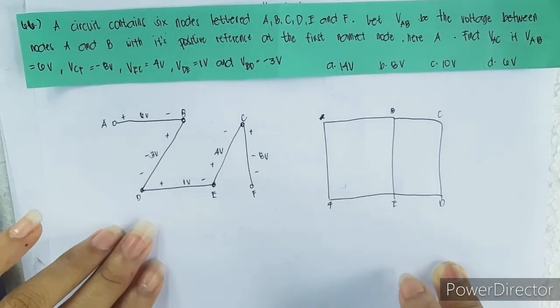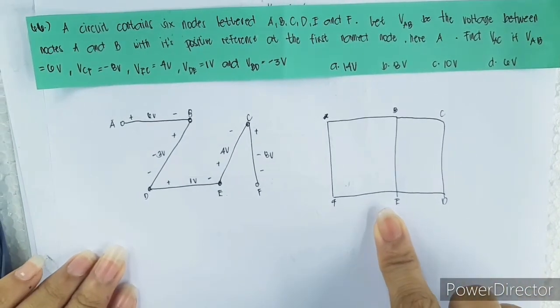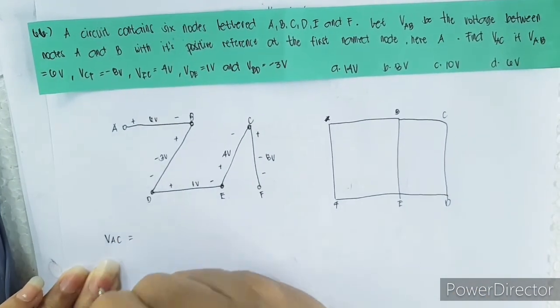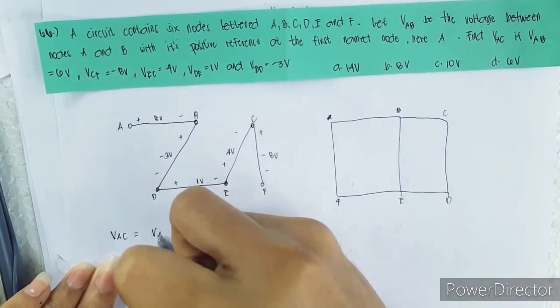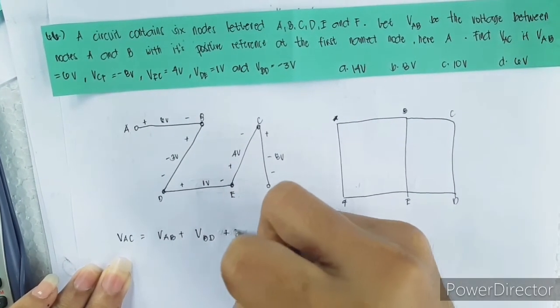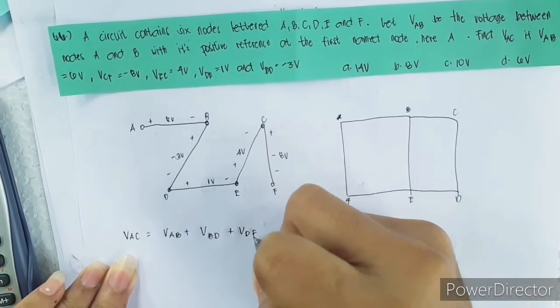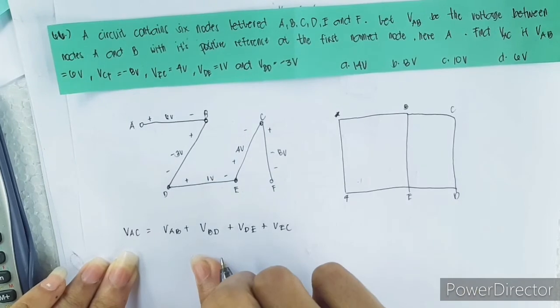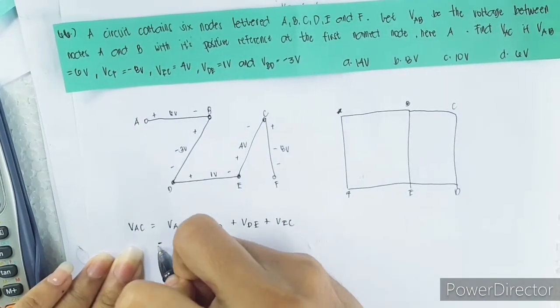So, here's the diagram. So for us to find the VAC, let's note that VAB plus VBD plus VDE plus VEC, and then substitute the given volts here.